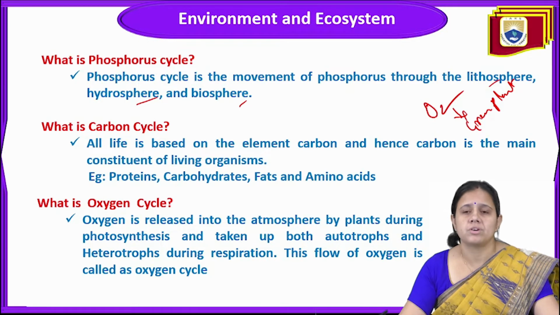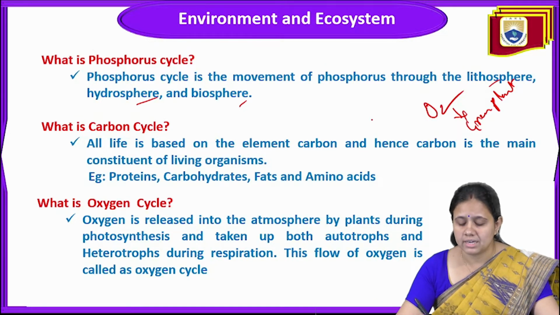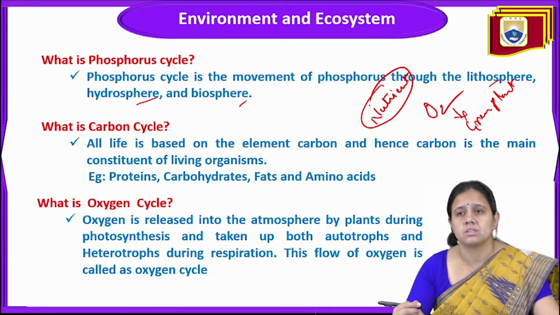This flow of oxygen from sunlight to green plants and from green plants to heterotrophic organisms is called the oxygen cycle. It is also a gaseous cycle, and the oxygen is already present in our atmosphere. So these nutrient cycles are very important for all the life existing on this earth.